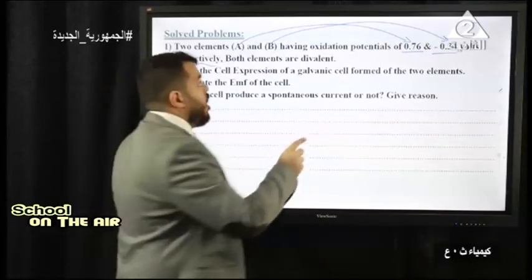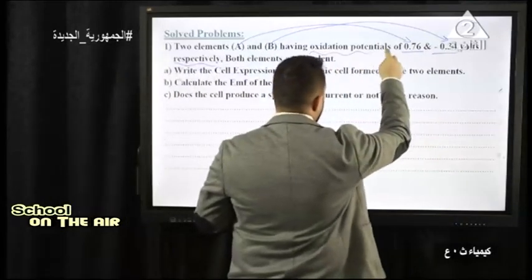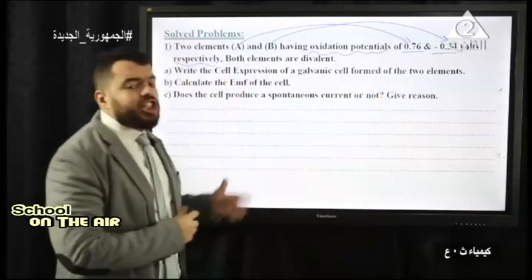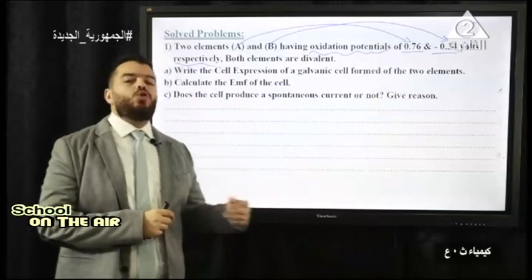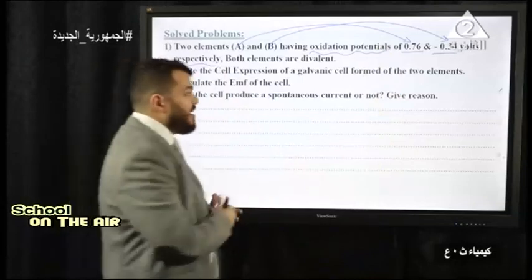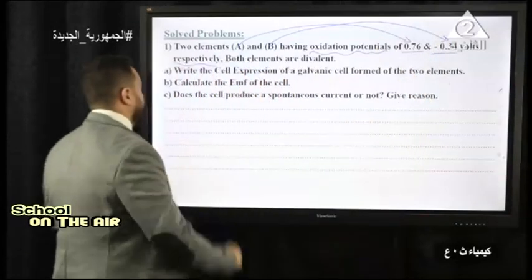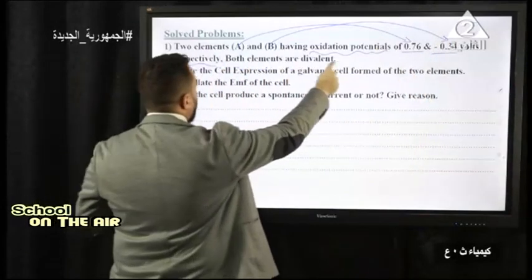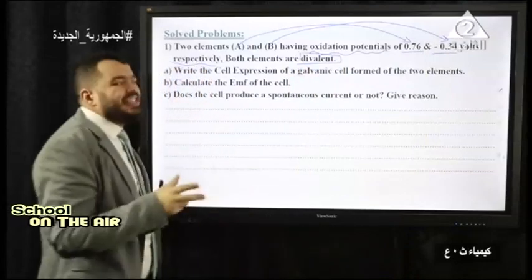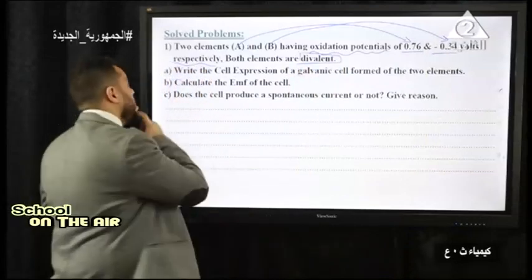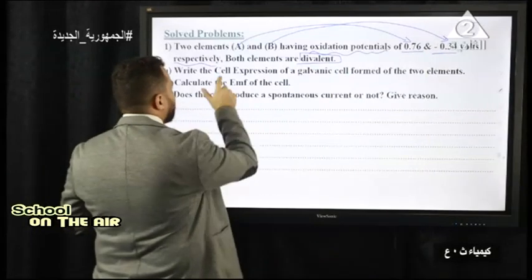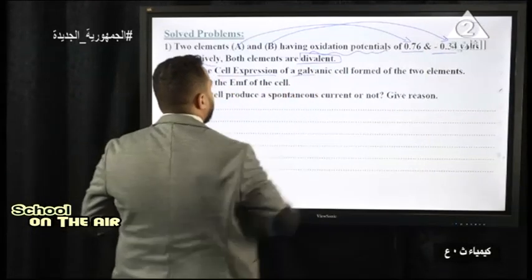And the 2 given are oxidation potentials. So if he asks us to measure the electromotive force, you will have to make the higher oxidation minus the lower oxidation. Okay. Both elements are divalent, so their valency equals 2. Write the cell expression or the symbolic representation for the galvanic cell formed.